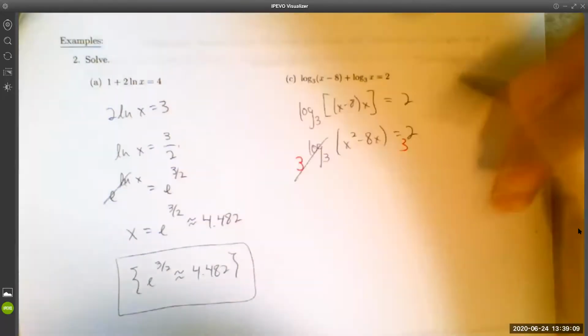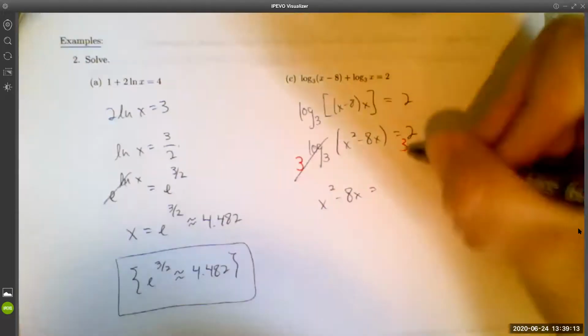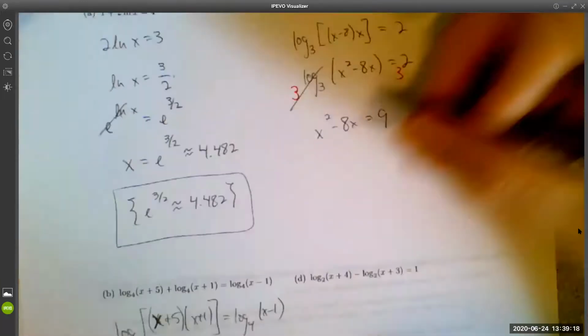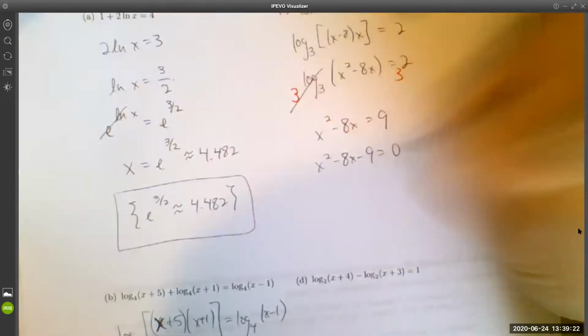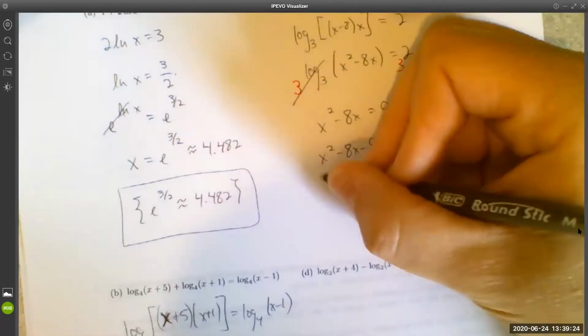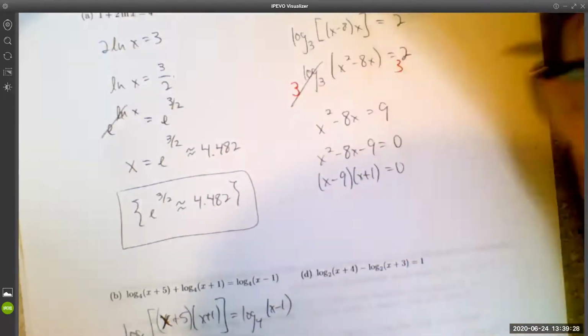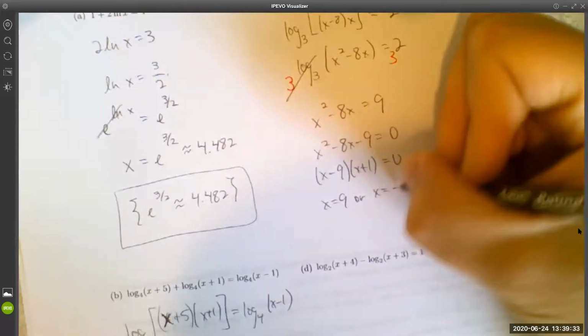That will undo that. We get x squared minus 8x equals 3 squared, which is 9. Now move the 9 over, and factor. So x equals 9 or x equals -1.